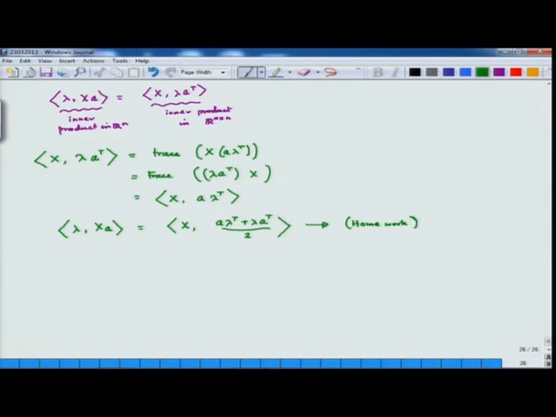Now, once you do that, I can write the Lagrangian function L of x, lambda, delta as follows. What about this part?